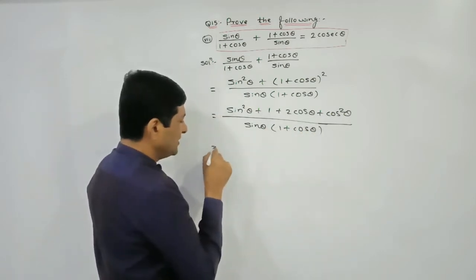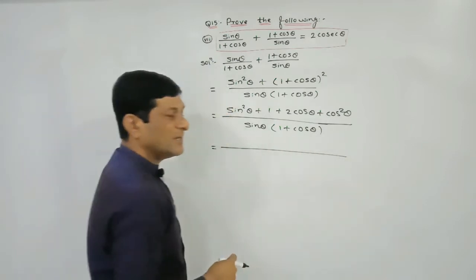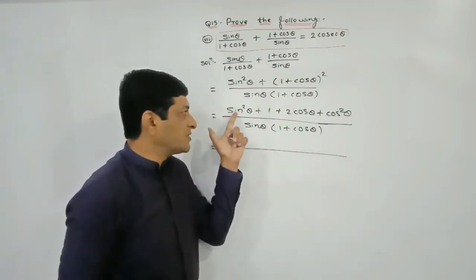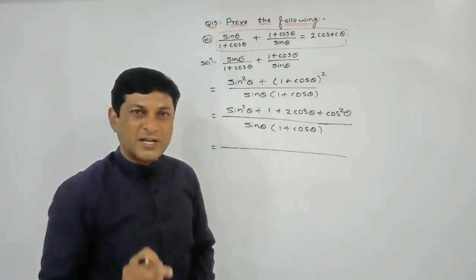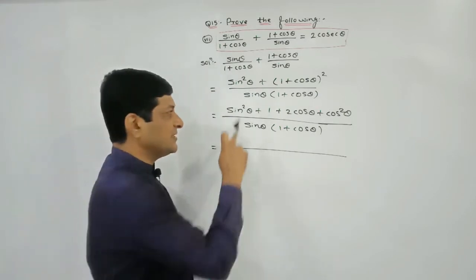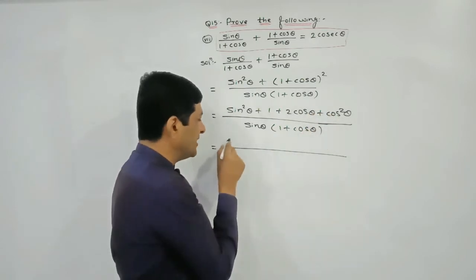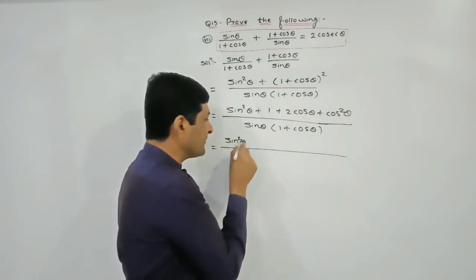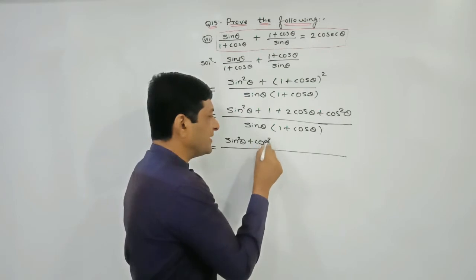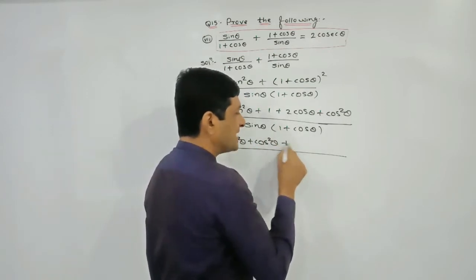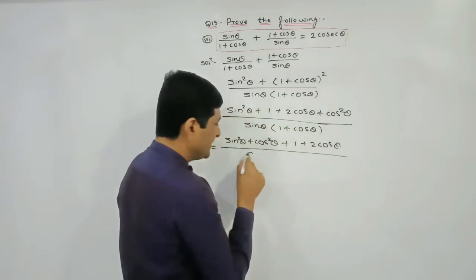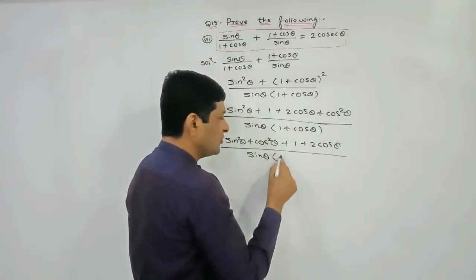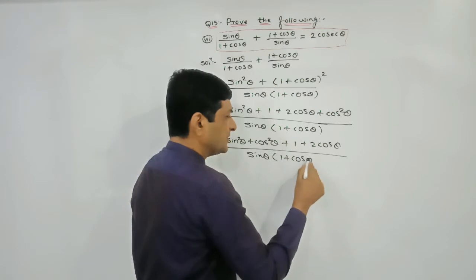Now if you observe the numerator very carefully, if we collect these two terms, sin square theta and cos square theta, then sin square theta plus cos square theta is equal to 1 according to the identity. So first we are collecting these two terms. So sin square theta plus cos square theta, keep the remaining term as it is, 1 plus 2 cos theta, and in the denominator sin theta into 1 plus cos theta.